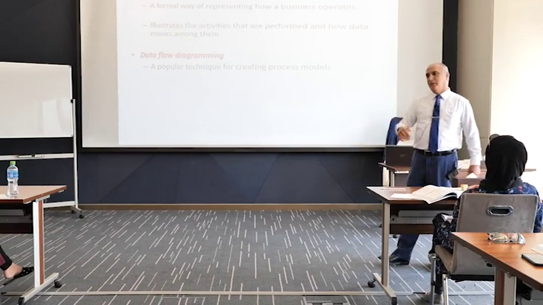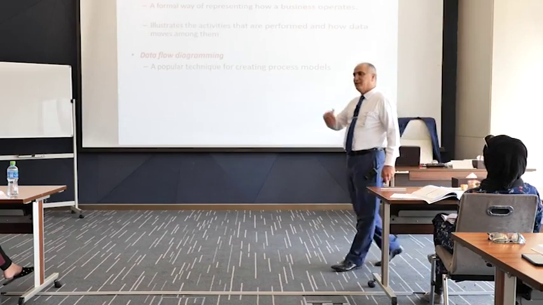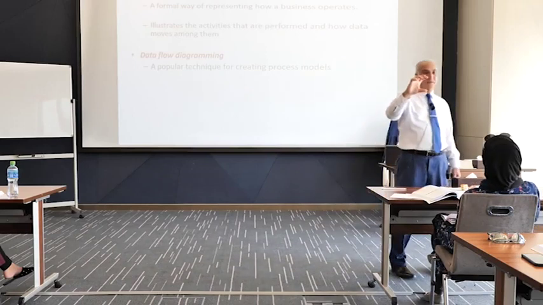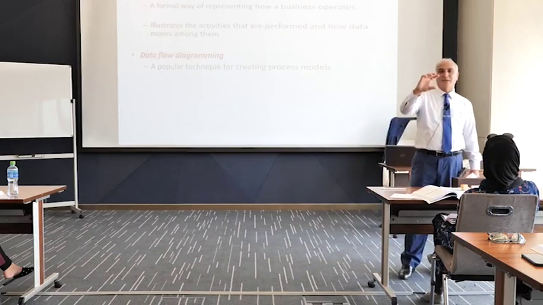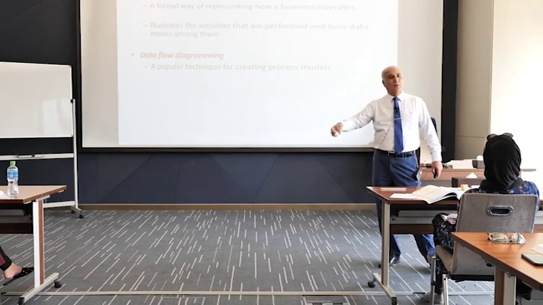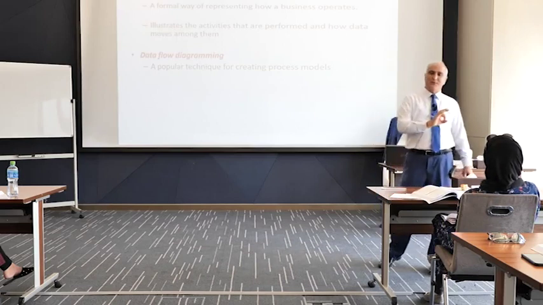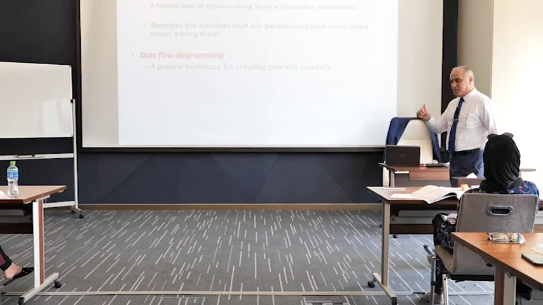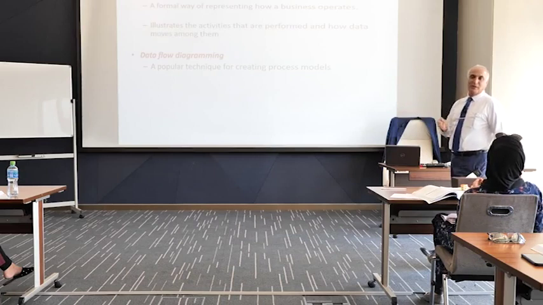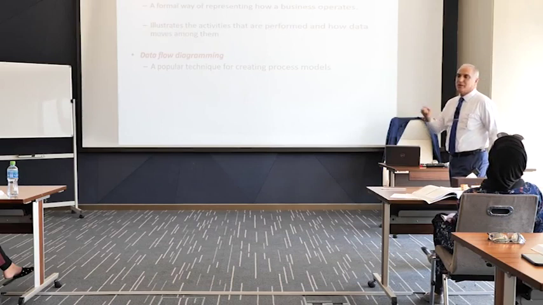Example, when the salesperson executes an order, you have an external entity called salesperson and the data flows to a process, called customer place an order. So the three elements in a data flow diagram are, one, the external entity, the entity that is the source of information. The second is the process, what we are trying to do, the program.